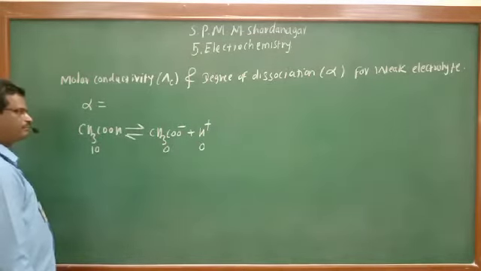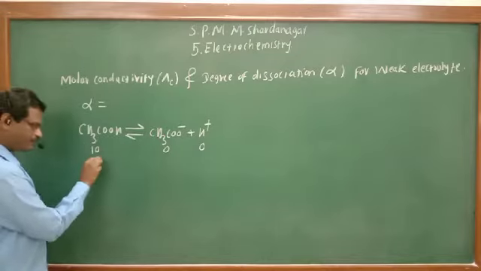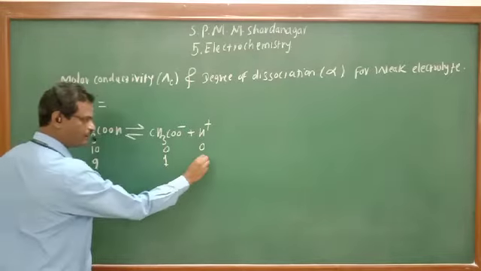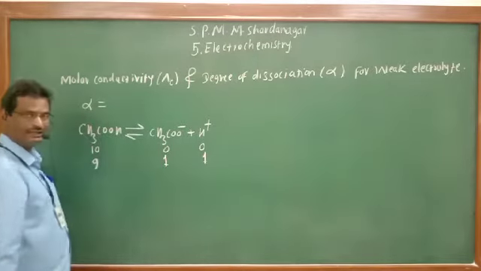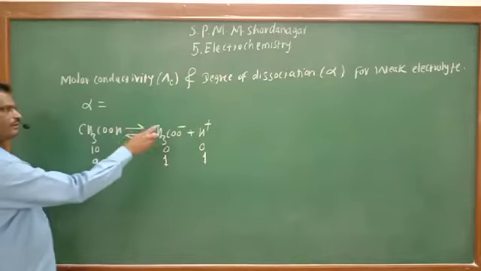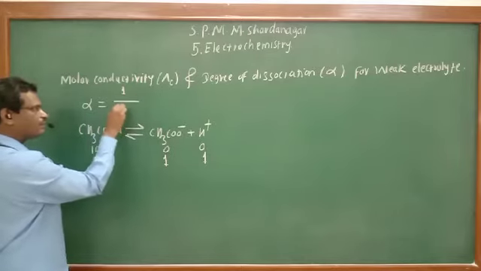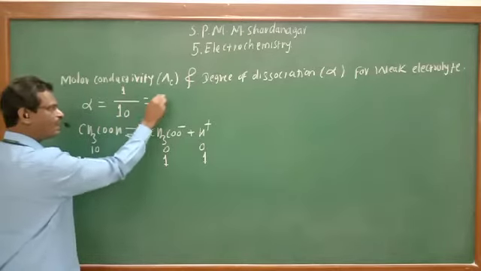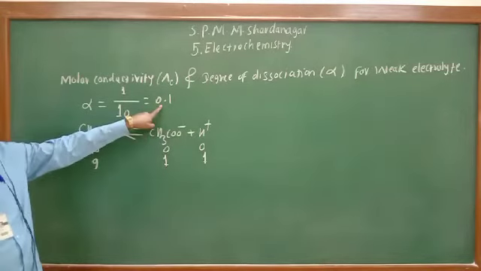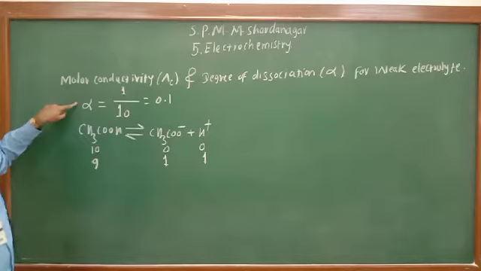At equilibrium, 1 mole will undergo dissociation, so what is left behind will be 9. And 1 mole of acetate ion, 1 mole of H plus ion is obtained. So, the moles dissociated is 1 divided by total moles taken is 10. Answer will be 0.1. So, this is a fraction, and this fraction is known as degree of dissociation.